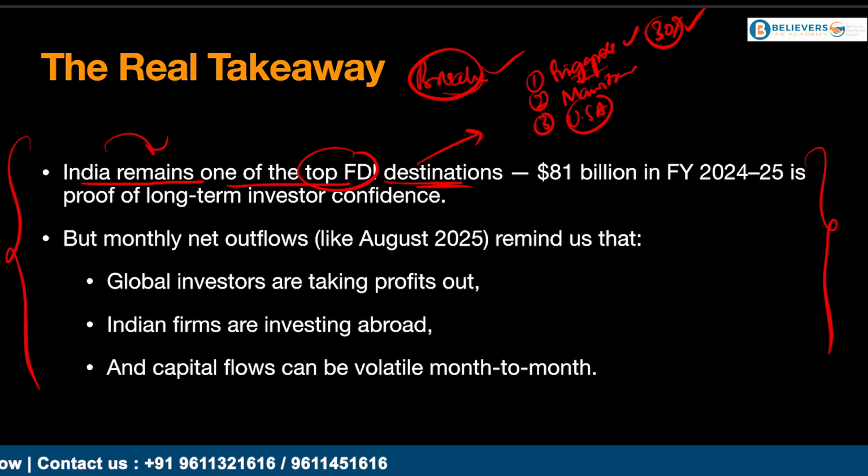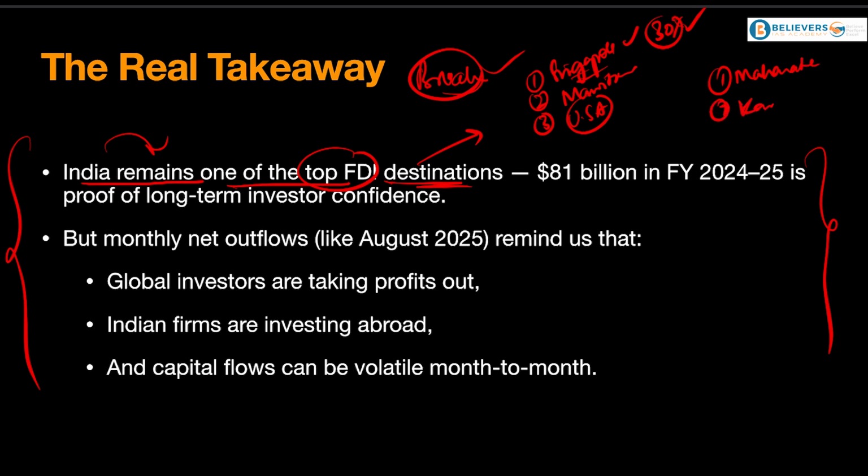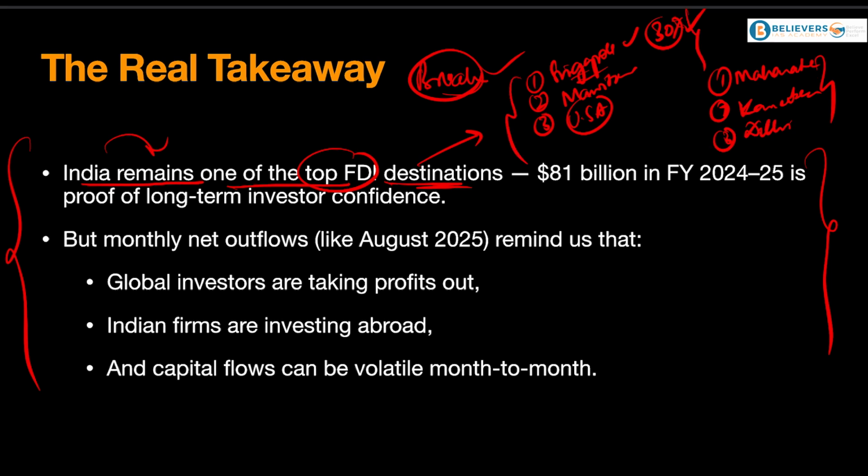And if we also try to see which are the top FDI-receiving states in the country, first is Maharashtra, second is Karnataka, and third is Delhi. Correct. These facts obviously play an important role, and it is important that you remember them.